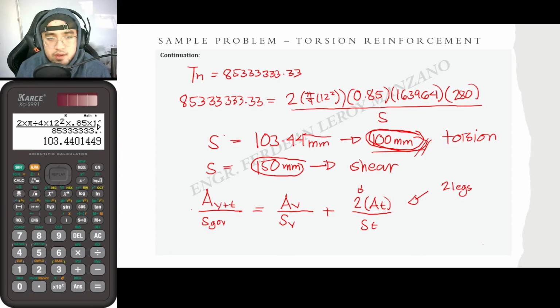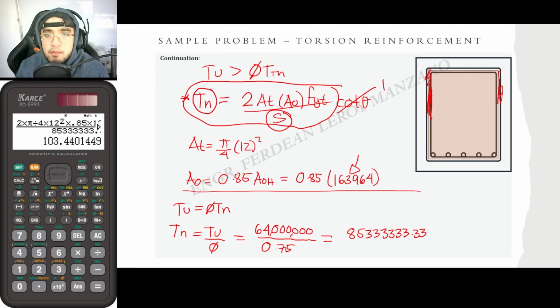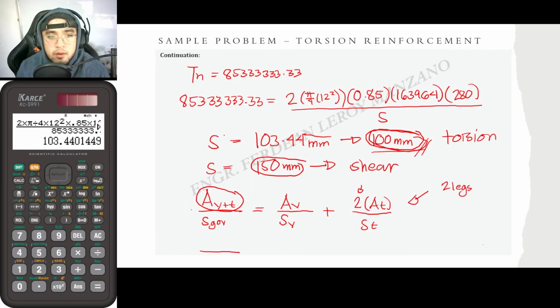Anyway, substituting all known values for the value of AV plus T, so it would be up to you. Since in my design I will only make use of 2 legs here, as you can see, we only have 2 legs here, I will be multiplying this by 2 times pi over 4 times 12 squared.